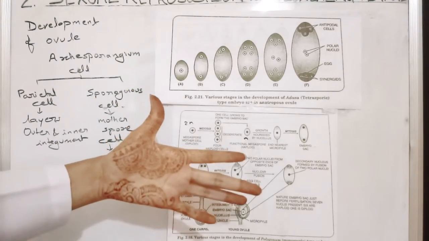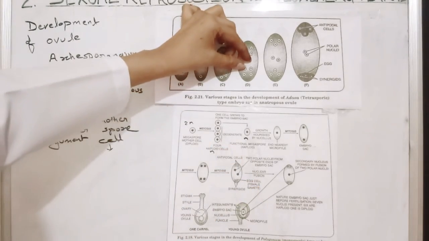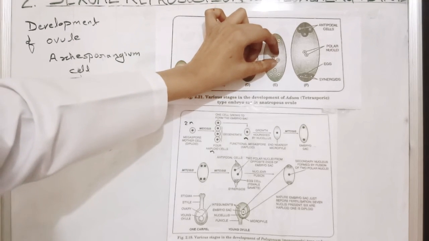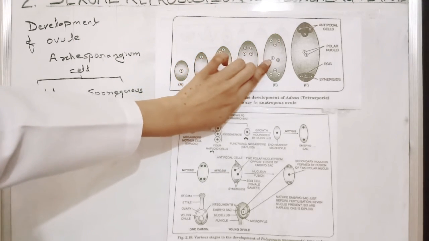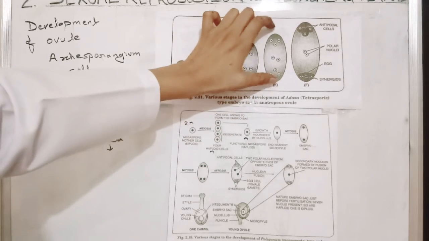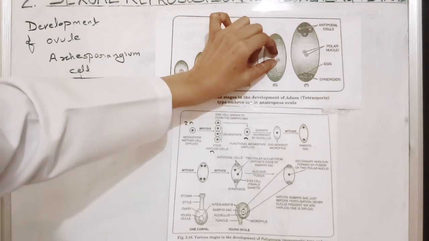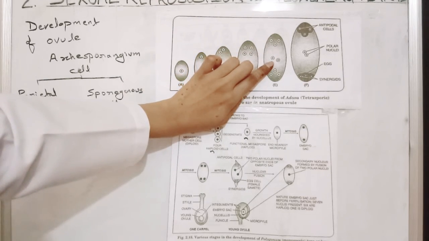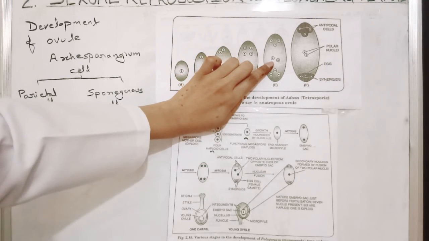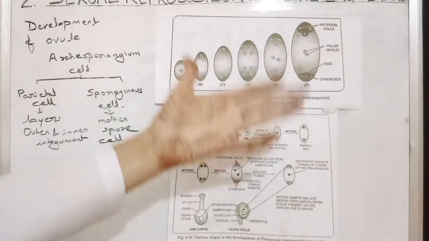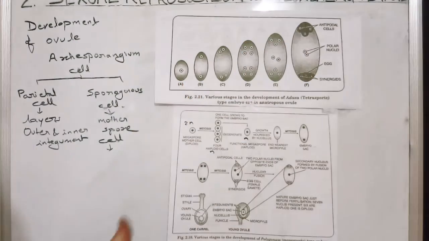Out of these nuclei, 2 nuclei get localized in the central region. From opposite poles 2 nuclei move and localize in the central region. These nuclei further fuse. Their nuclei do not fuse, only their cytoplasm fuses.